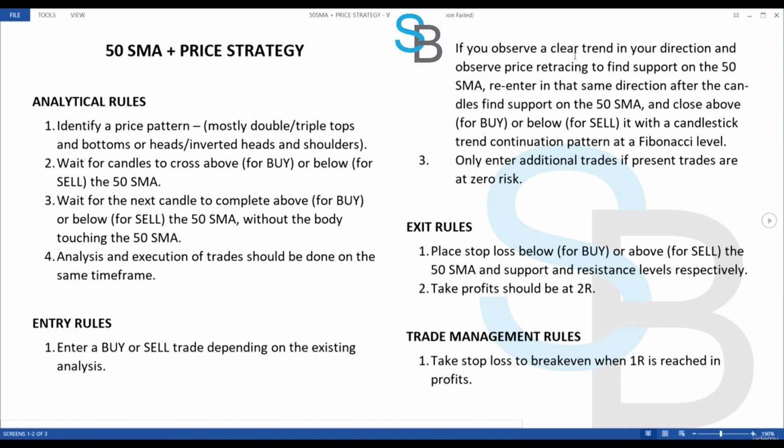And then if you observe a clear trend in your direction and observe price retracing to find support on the 50 simple moving average, you then re-enter in that same direction after the candles find support on the 50 simple moving average and close above for buy or below for sell the 50 simple moving average, with a candlestick trend continuation pattern.